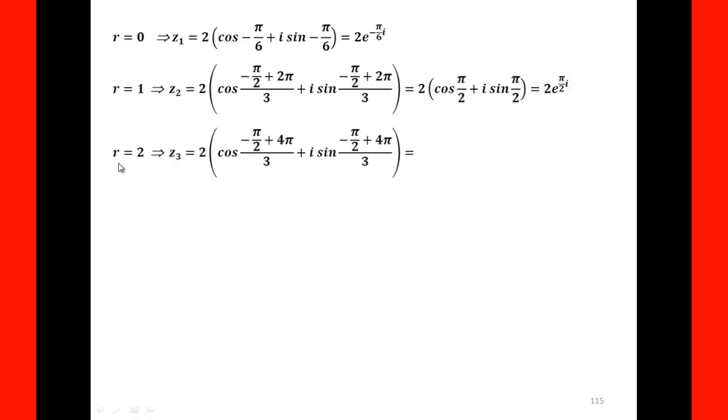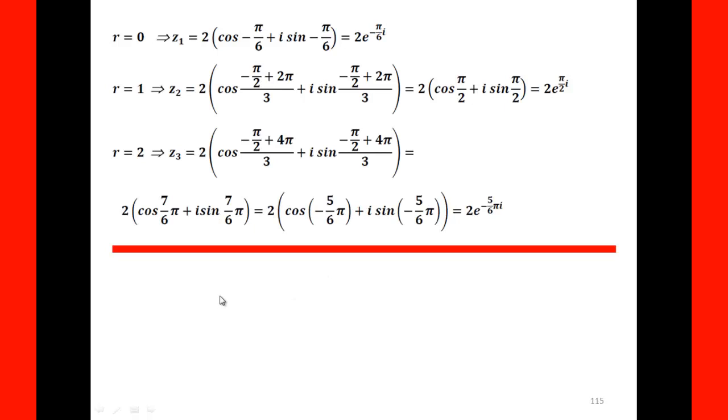When r equals 2, we get the third root. It will be 2 multiplied by (cosine of (negative pi over 2 plus 4 pi) over 3 plus i sine of (negative pi over 2 plus 4 pi) over 3), which equals 2 cosine 7 over 6 pi.